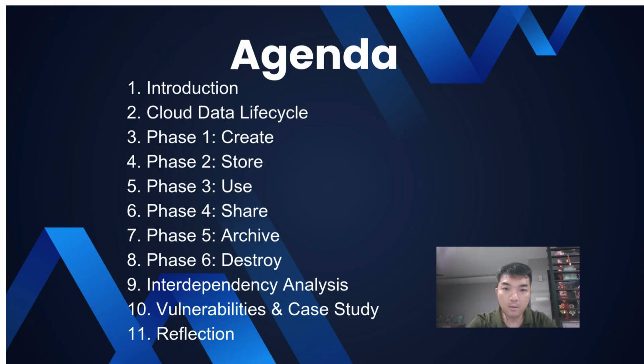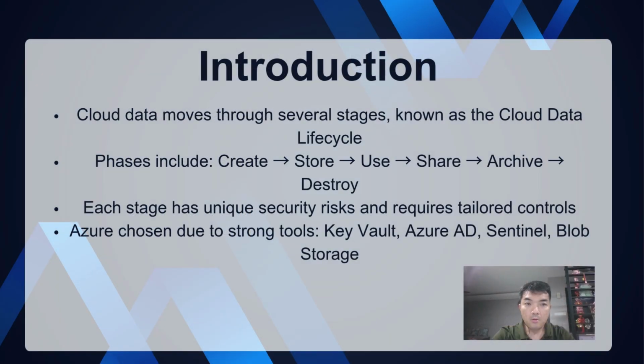The presentation will cover several categories. I will start with the introduction, the cloud data lifecycle, including all the phases, from phase one until phase six, and then independent analysis, the vulnerability and the case study, and the reflection of this assignment. The lifecycle of data in a cloud environment involves a dynamic process where information moves through several stages known as the cloud data lifecycle.